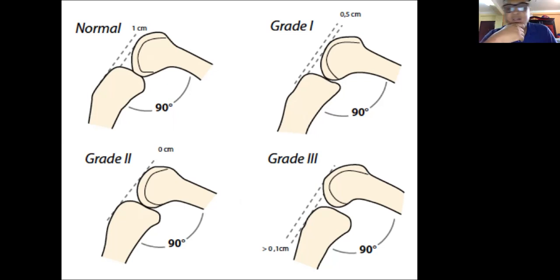In grade 2, the tibial prominence is at the level of the femoral condyle, and grade 3 is a more severe injury, where the tibial plateau goes posterior to the medial femoral condyle. These are the grading of PCL injury, and this is the grading of PCL sag. It is very important for decision making during surgery.